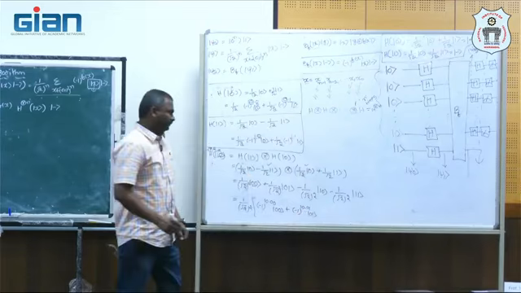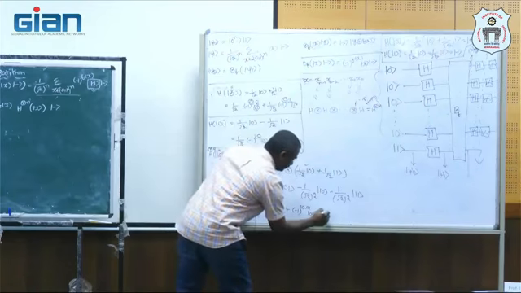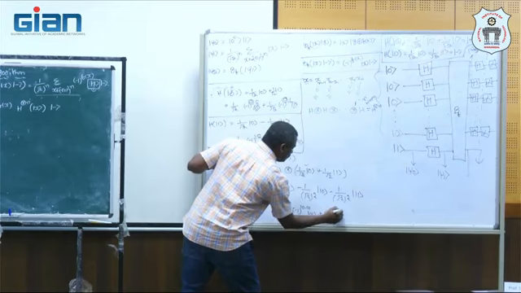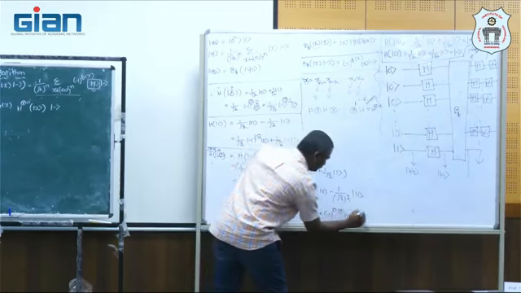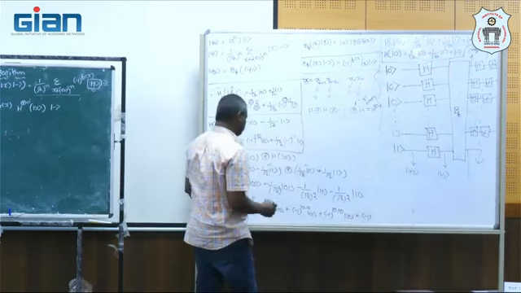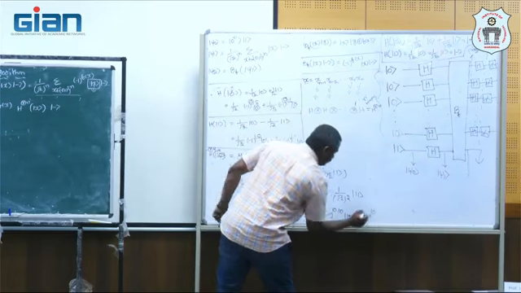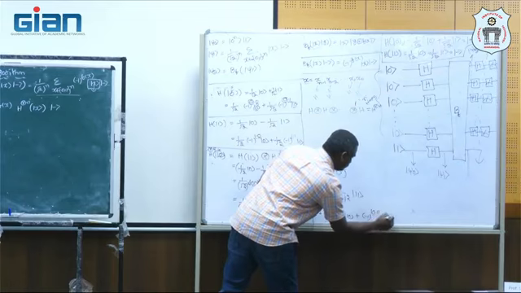Is that okay? Plus next term, minus 1 whole power 1 0 dot 1 0 ket 1 0, plus minus 1 whole power 1 0 dot 1 1 ket 1 1.